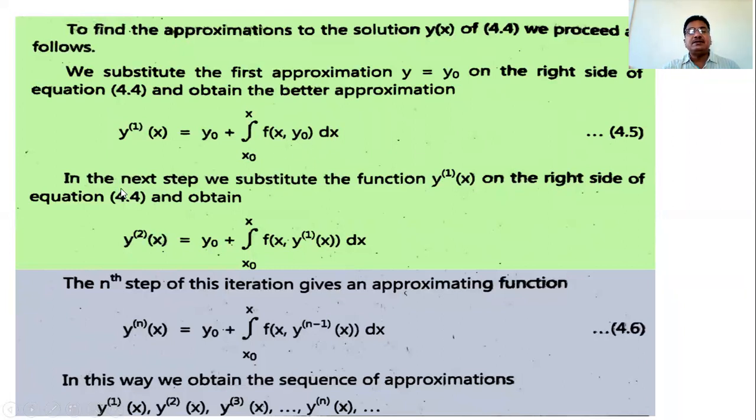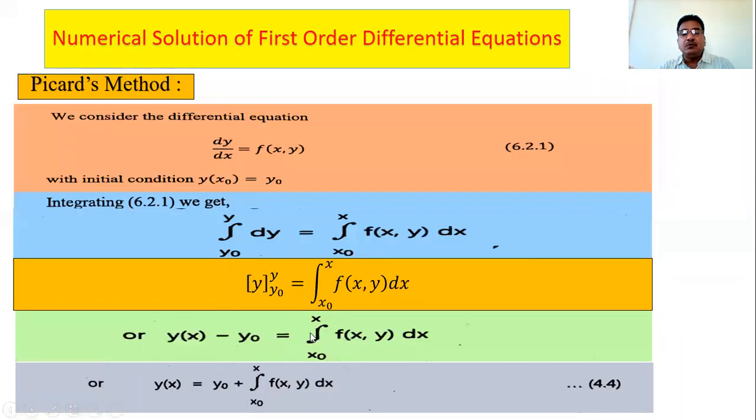For the next approximation, in the next step, we substitute y as y1(x), this fresh value of y, on the right side of 4.4 again. So to obtain the second approximation, substitute y as y1(x), that is the first approximation.